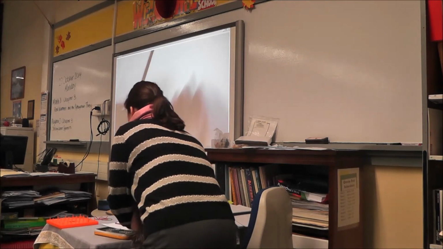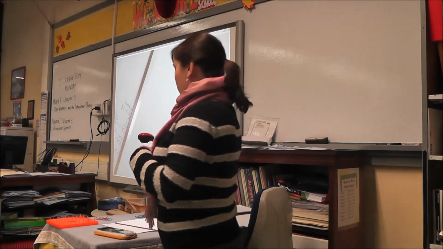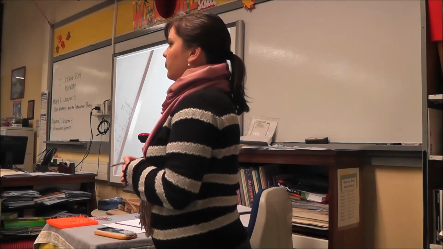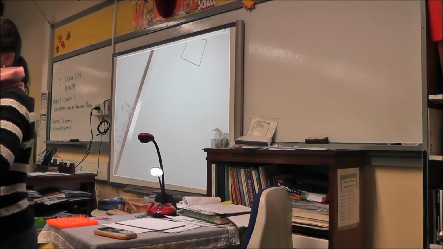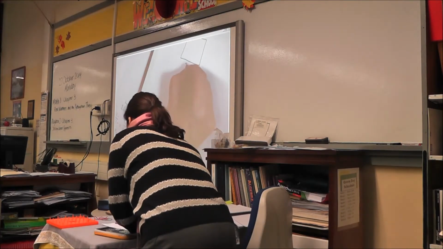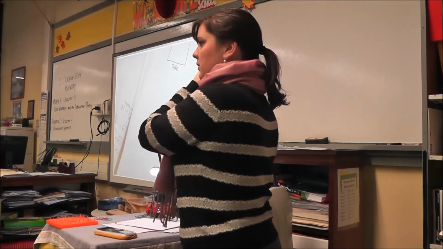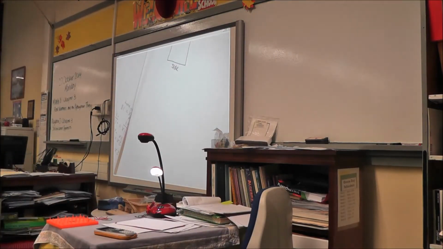Alright, so we have a square. You guys said there's 4 equal sides. So what do you want to call this length? Let's give it a name. S? S for what? Side. Okay, so he says this is the side length. And then what did Emily say?